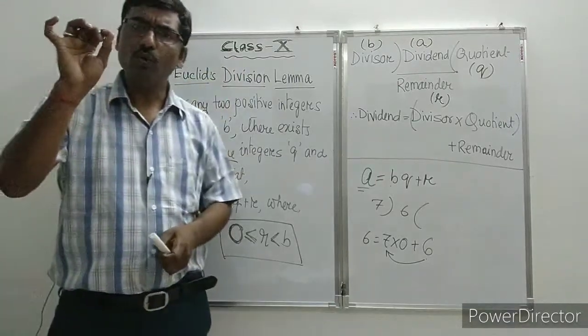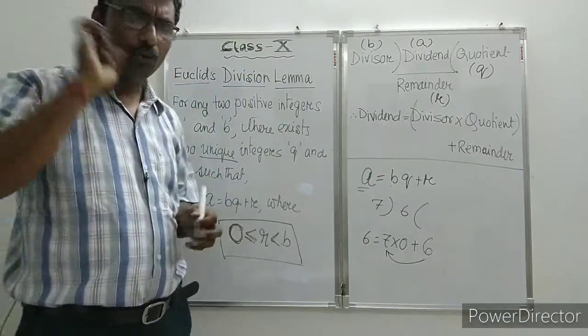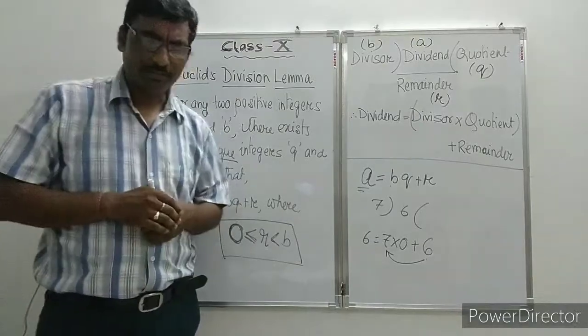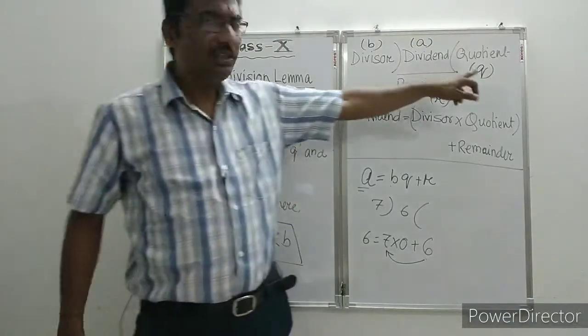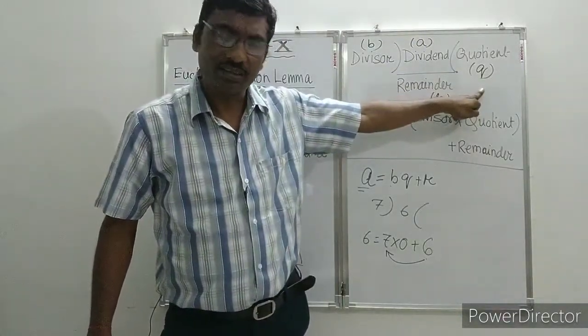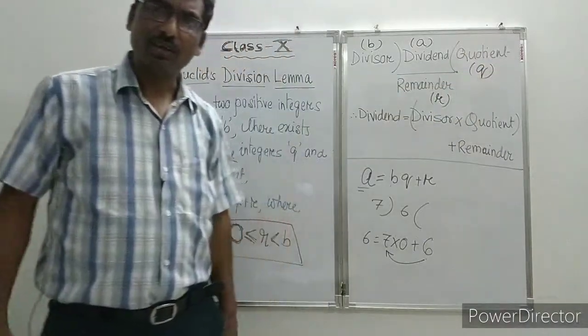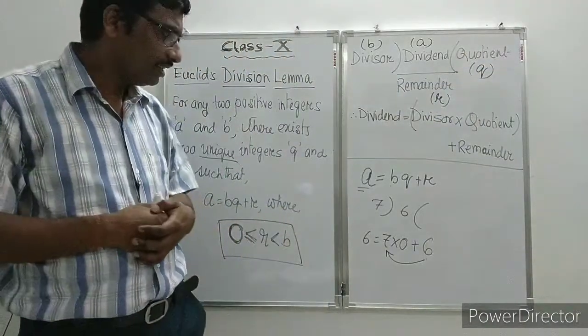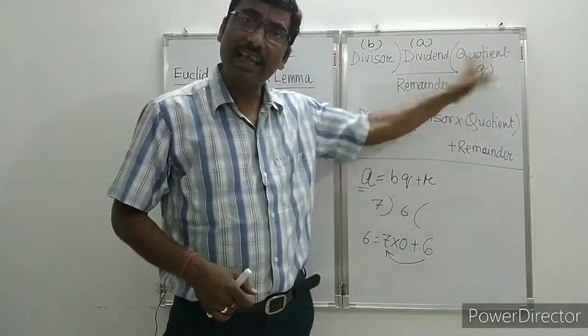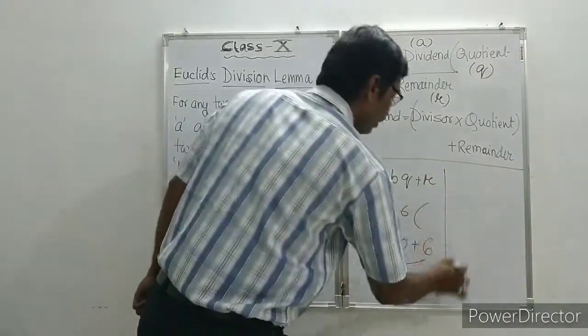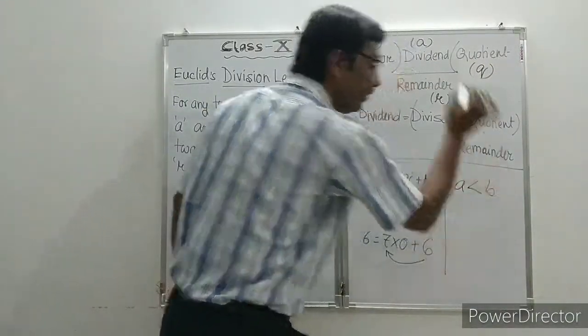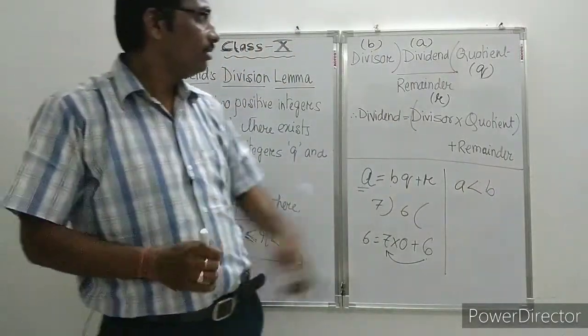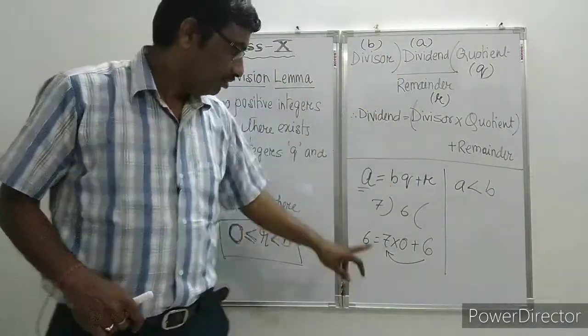Here 2 or 3 things you have to note. Number 1, can the quotient be 0? Yes, the quotient may be 0 in some cases. What are the cases? When a is less than b. If a is less than b and we divide a by b, see an example.